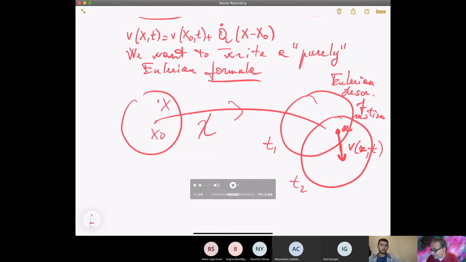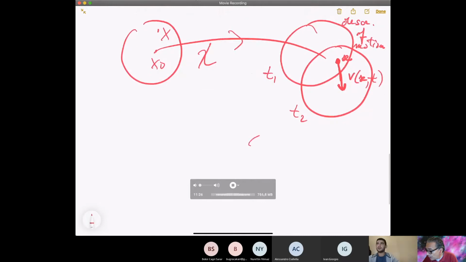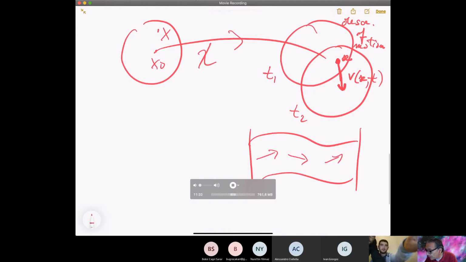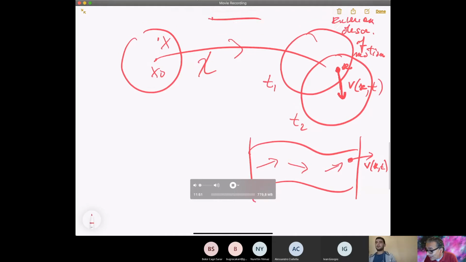In fluid mechanics, usually you have a channel and you have a fluid flowing in the channel. So in every point, you are considering the velocity, which is the velocity of the material particle or of the fluid, which is flowing in small x at our instant t.